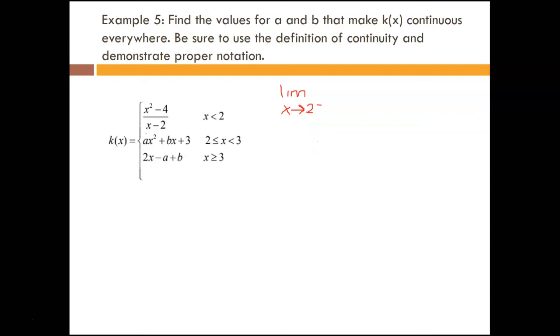So what we have to do is manipulate x squared minus 4 to be x minus 2 times x plus 2 over x minus 2, which simplifies to the limit as x approaches 2 from the left of x plus 2, which tells me that the limit as x approaches 2 from the left is equal to 2 plus 2, or 4.